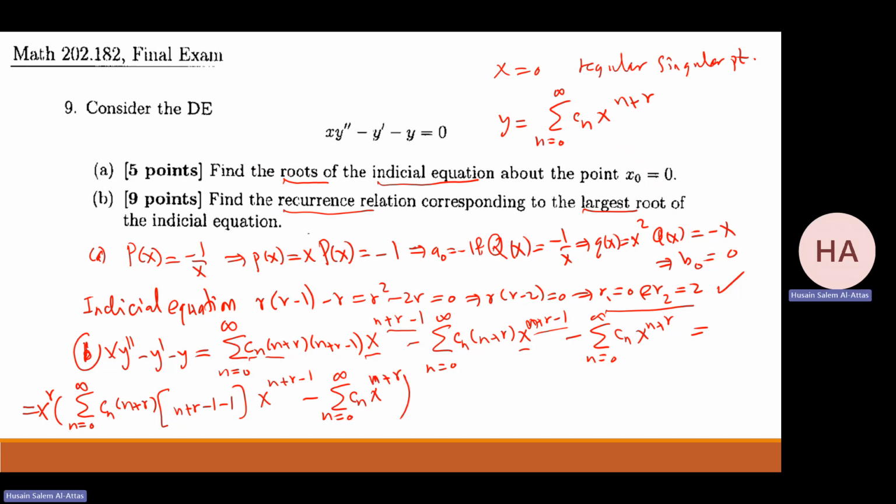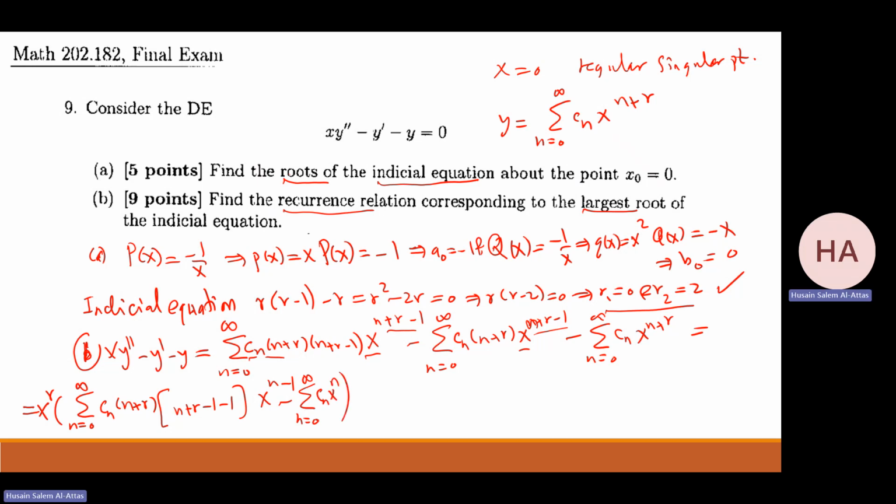All of this times x to the power r. Sorry, this is n minus 1. I took x to the power r as a common factor. So let me take more space. Minus the summation from n equals 0 to infinity of Cn x to the power n.